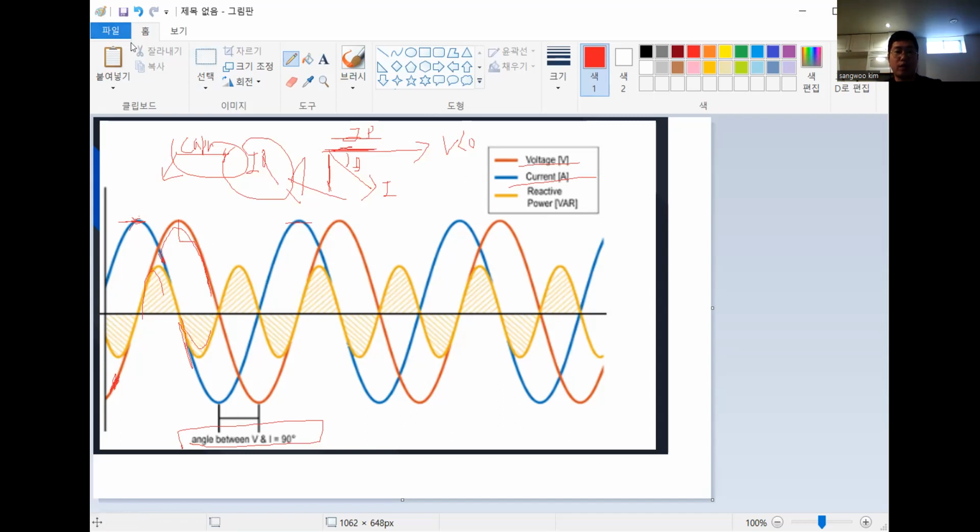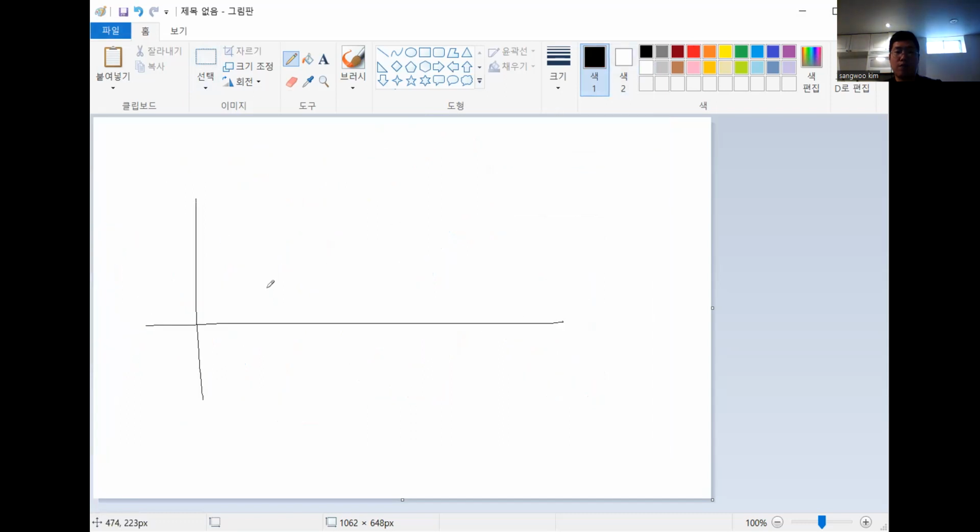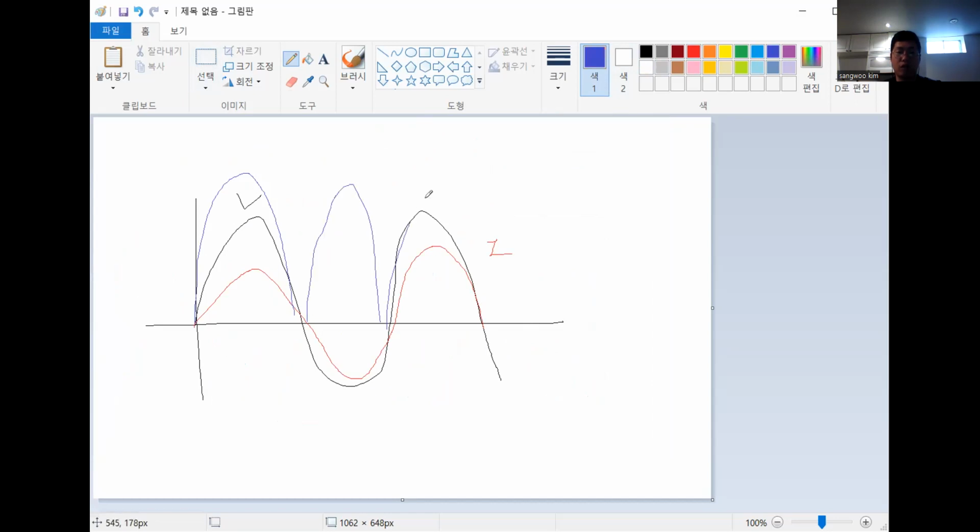Going back to the previous lecture, if it's the same, here this is V, and here also I, in the same phase, right? So the result was, what was it? P is plus times plus, and minus times minus, right?